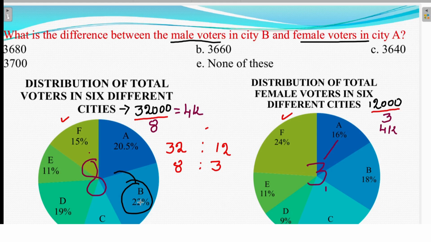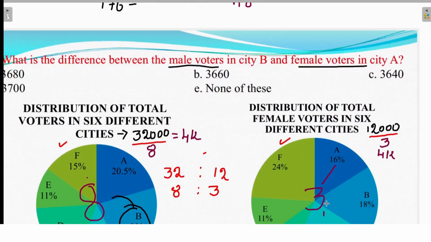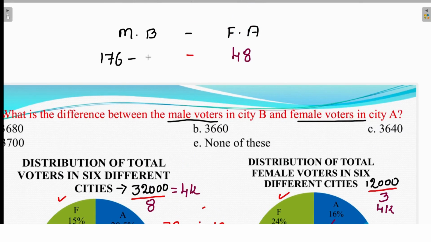Total means 22 into 8. 22 8s are 176 total voters, but I have to remove females in B department to get males. So B department will be 18 threes are 54 females I have to remove. In 176, if I subtract 54, it will be 122.